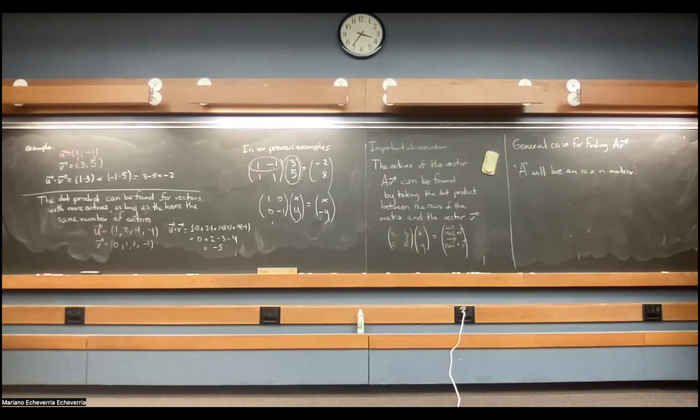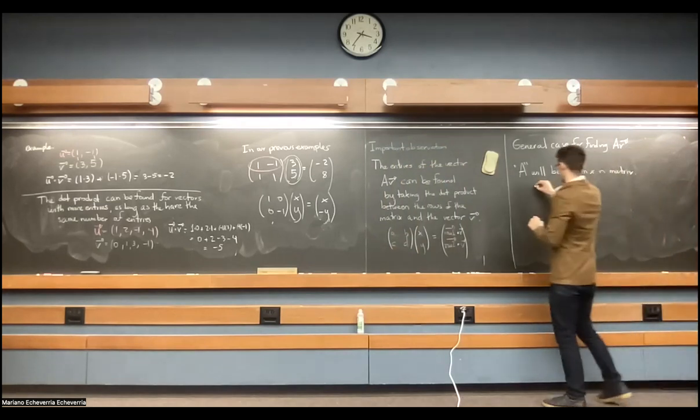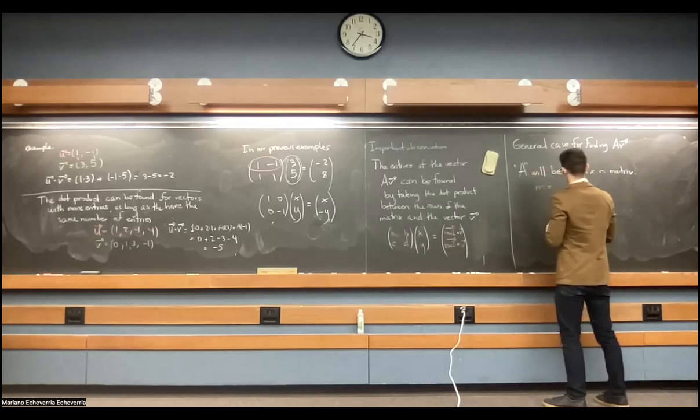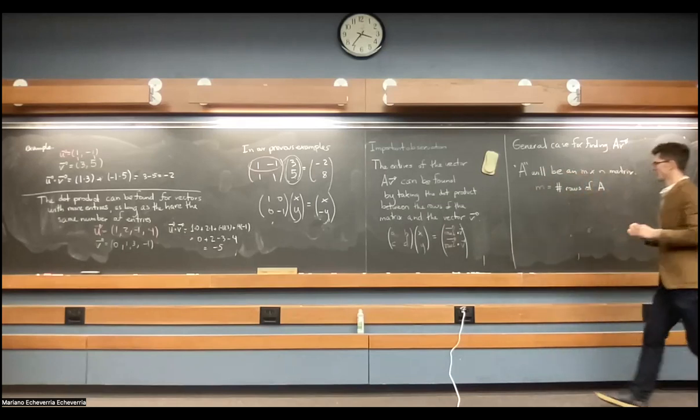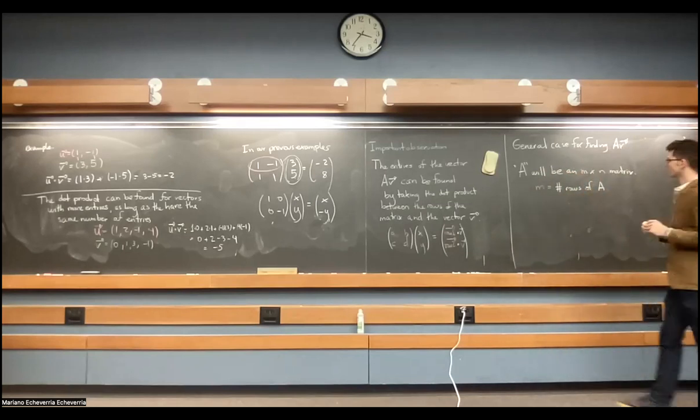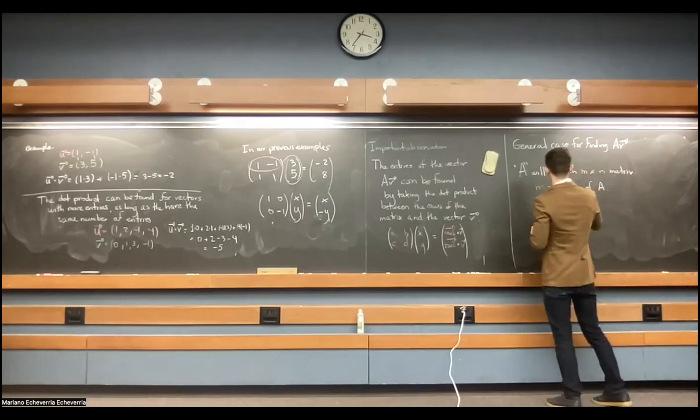So m refers here to the number of rows of the matrix, and n refers to the number of columns of the matrix.